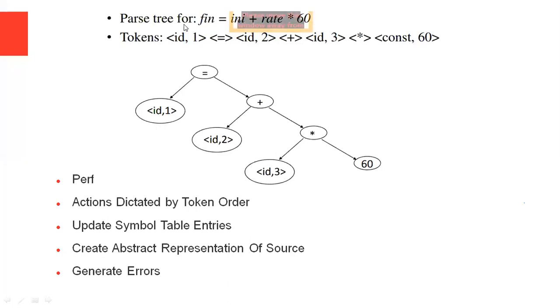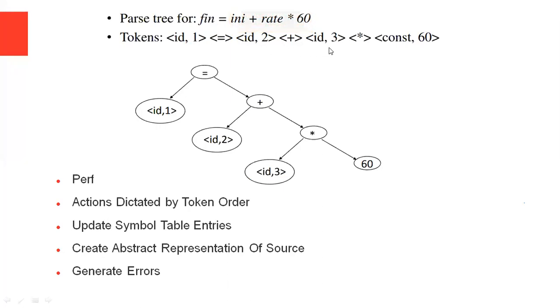So this is the parse tree for the given source program, and here the tokens are... we are taking the given statement as the source program, and converting that source program into a stream of tokens. So those tokens are id comma 1, and equals to is another token, and id comma 2, and another token plus.